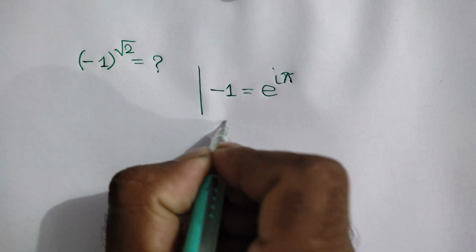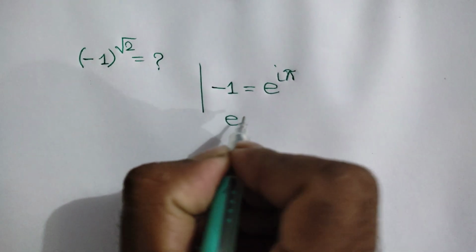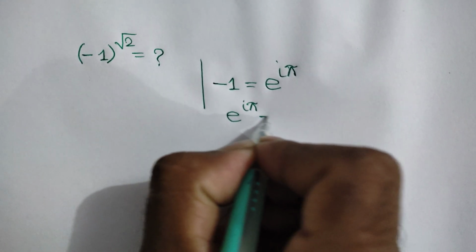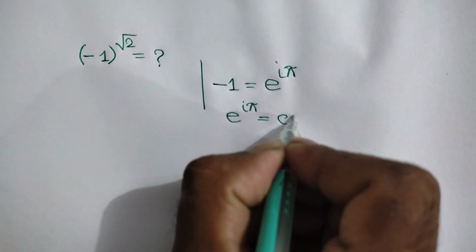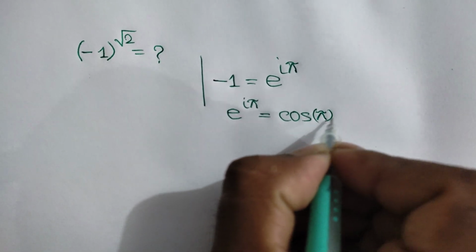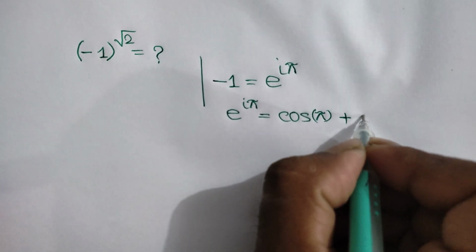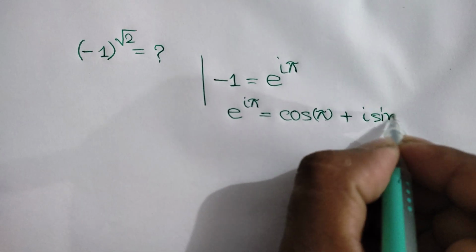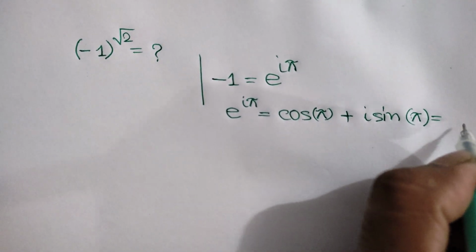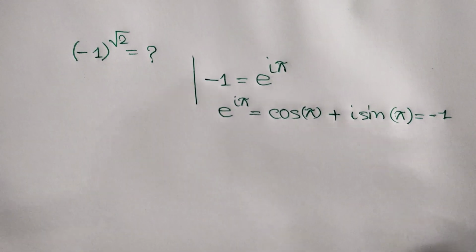We know e to the power i pi is equal to cos pi plus i sine of pi, which is equal to negative 1.